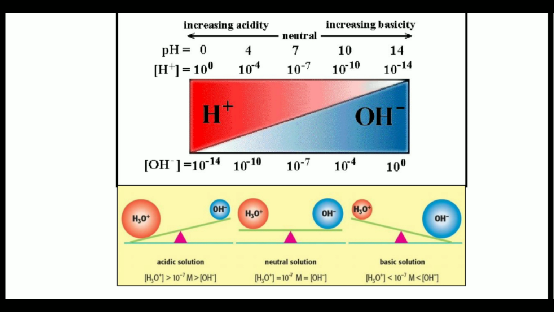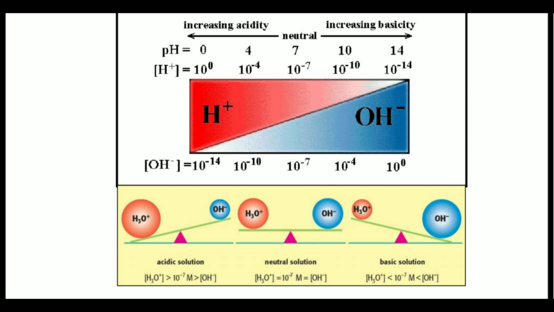On the Regents, you will often be asked to compare the hydrogen ion concentration and the hydroxide ion concentration of different solutions. I really like this diagram because it gives a nice visual.